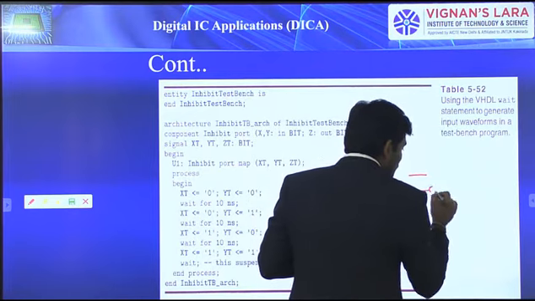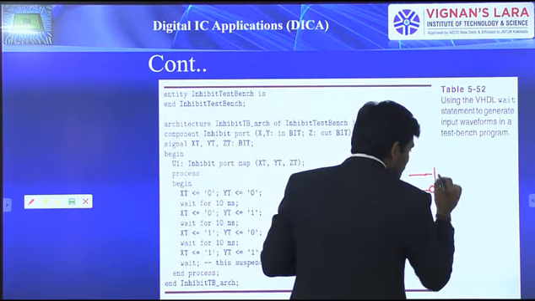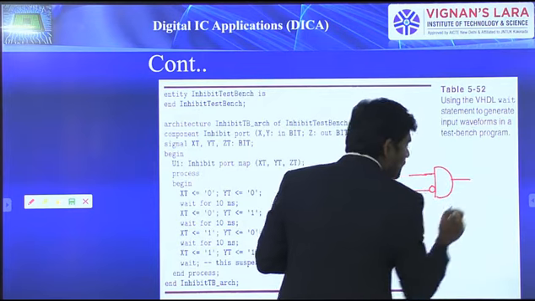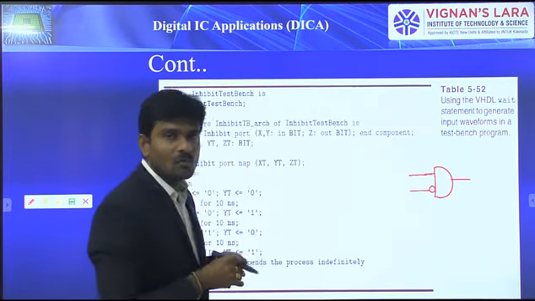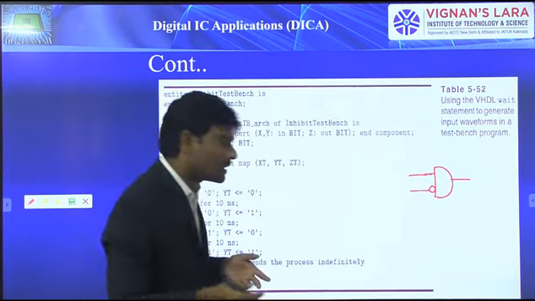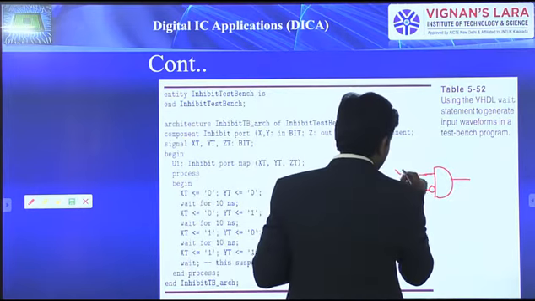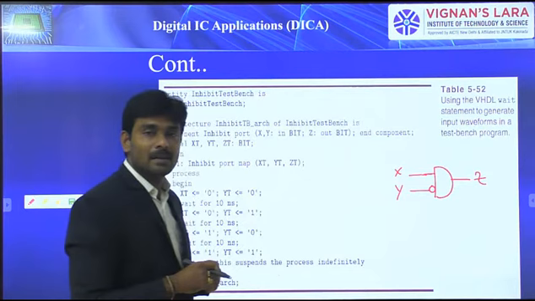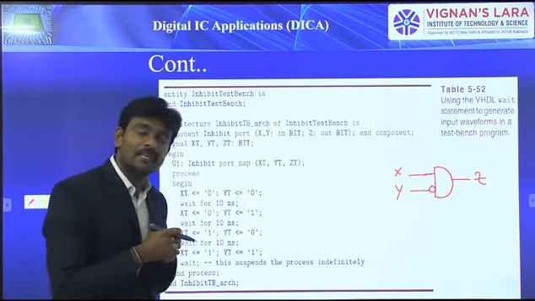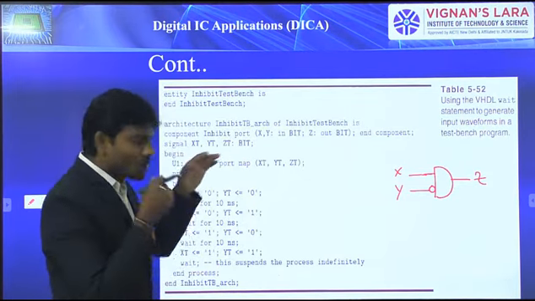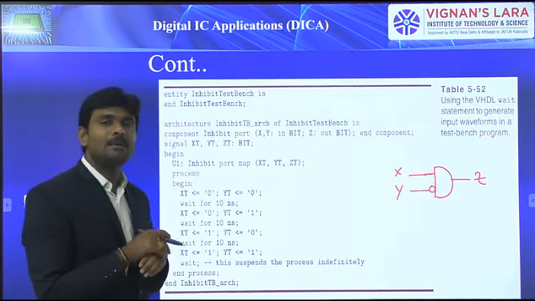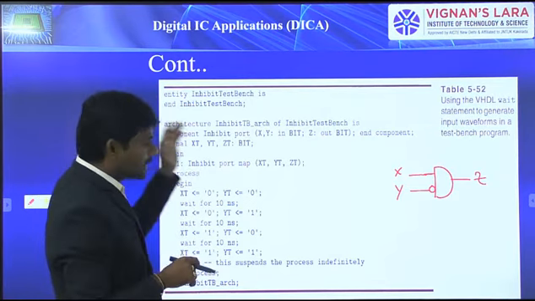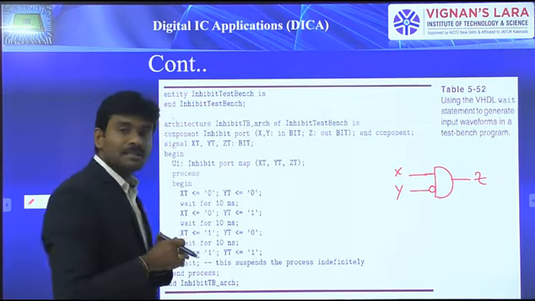So this is how it seems to be: one input must be a 2 input AND gate, in which one of the inputs must be tied to an inverter. This is the inhibit gate we considered previously, initially. Once again I considered the same inhibit gate, and here I am mentioning the test bench.